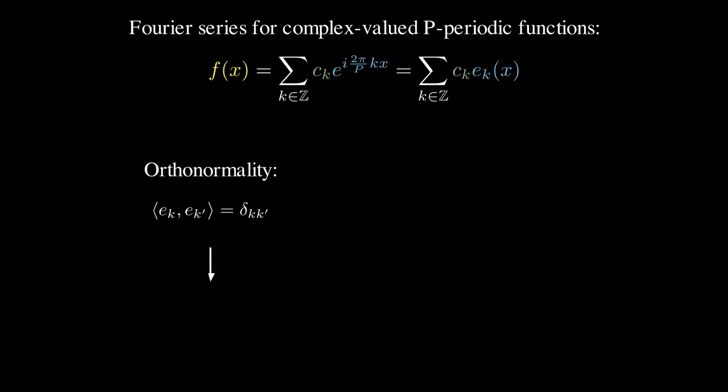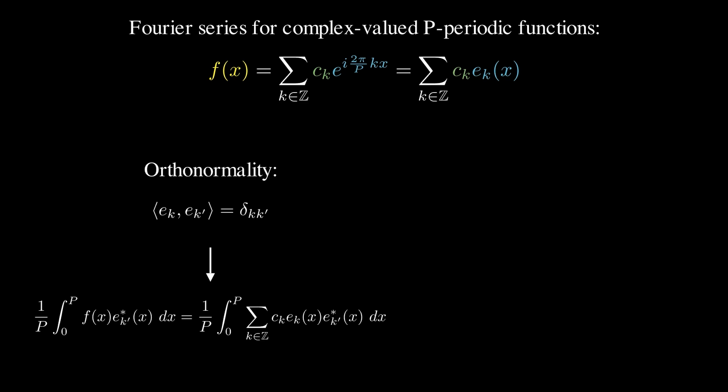The orthonormality of our basis functions makes determining the coefficient ck in the Fourier series of our function very simple. Let us first multiply both sides of the equation by the complex conjugate of ek prime and integrate over one period.